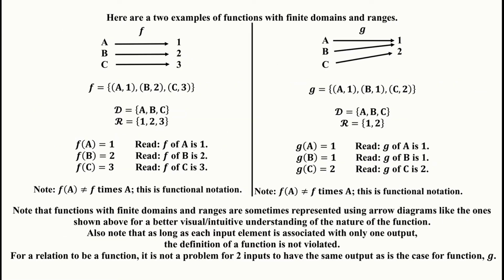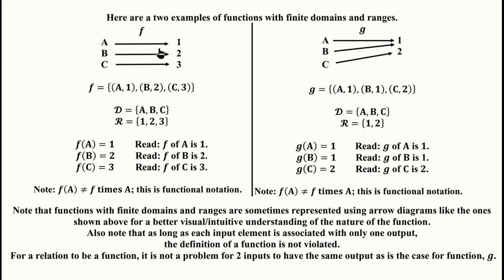Here we have two functions with finite domain and range. We usually use lowercase letters to name functions, and here we're representing it using ordered pairs as the definition dictates.